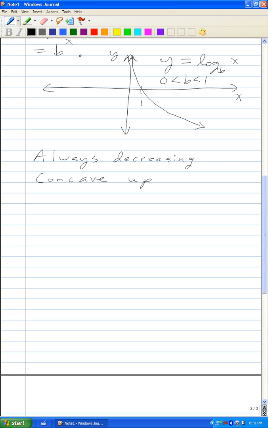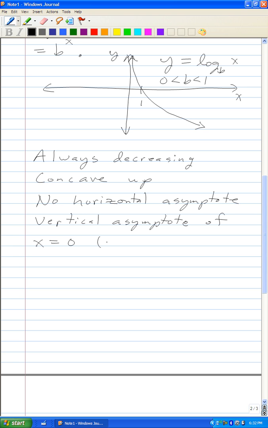It has no horizontal asymptote, but it has a vertical asymptote of the y-axis, for values of x very small.